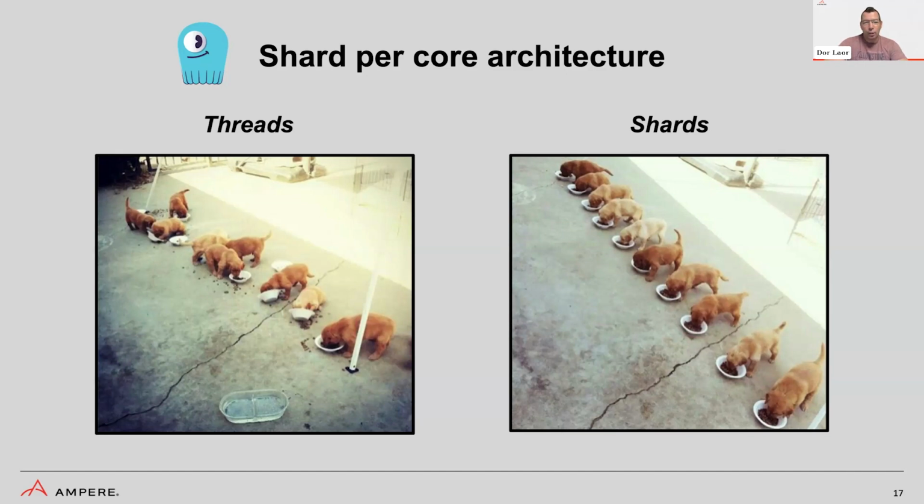So traditional architecture is threads and locks, like the puppies here. You can think about a plate like the chip, and the puppy like the software threads. And it's pretty messy when you have threads and locks.